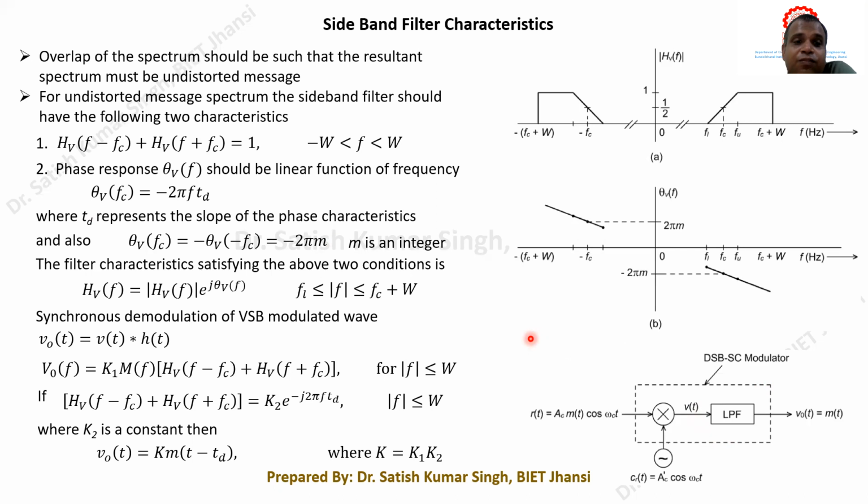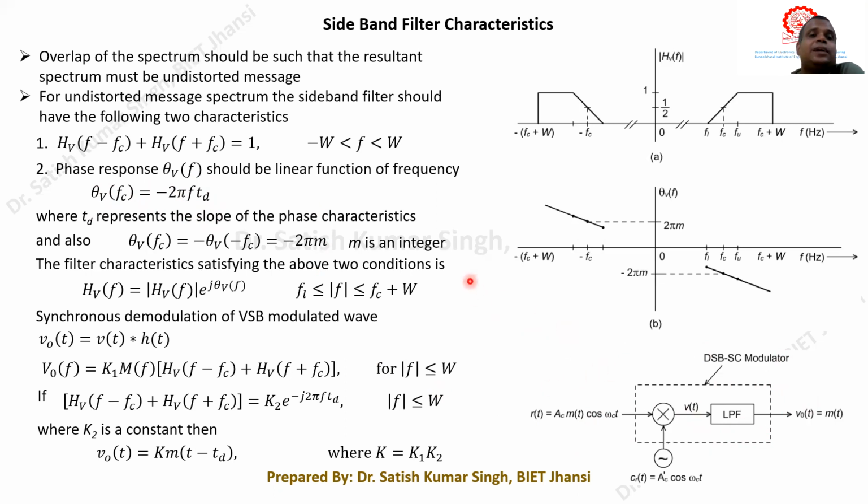If the phase response is linear, then whatever the frequency of the input signal, all the frequency components are going to be delayed by the same amount by this filter. So there will be a constant phase delay.